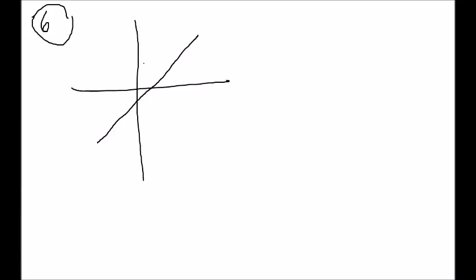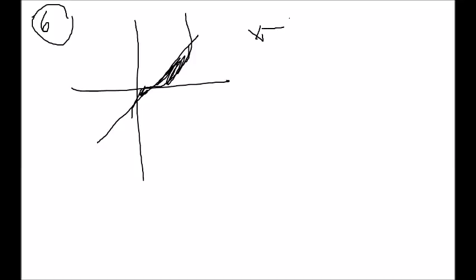Number 6. Number 6 is the area between two curves. One is x minus 1, and the other is x minus 1 to the third. So that'll be like this. So we're looking for the area here and the area here. So our two curves will intersect.